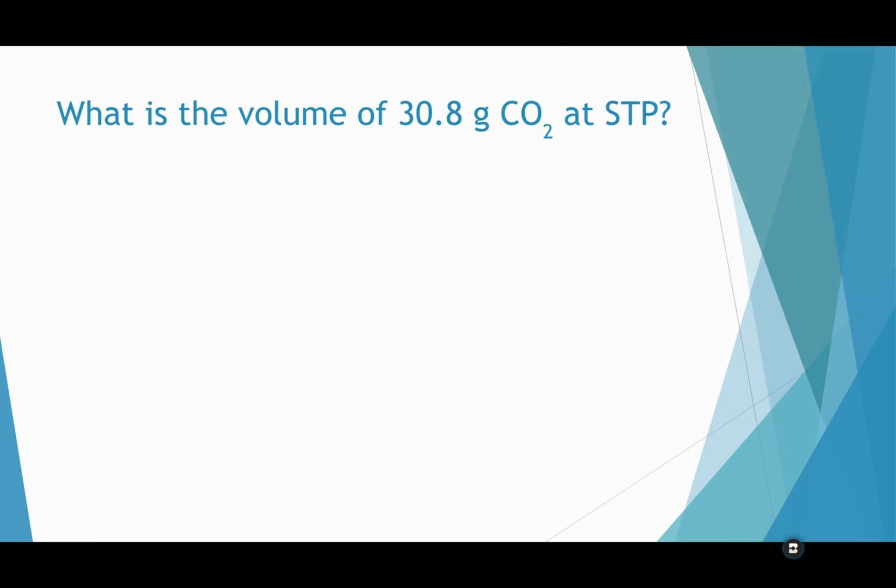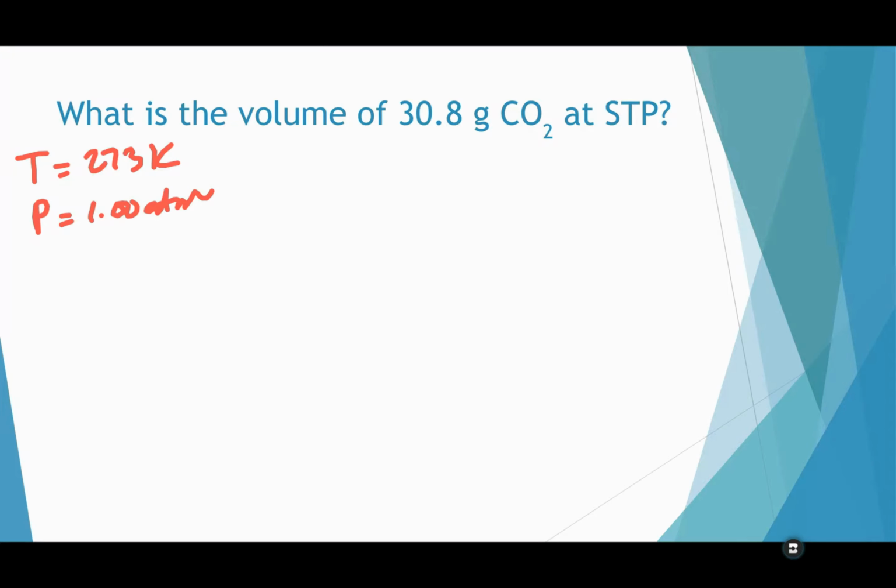So what is the volume of 30.8 grams of CO2 at STP? It tells us we have a standard temperature and pressure, so temperature is going to be 273 Kelvin. The pressure is going to be 1.00 atm.